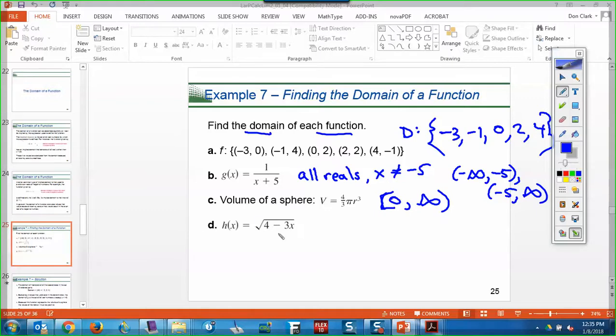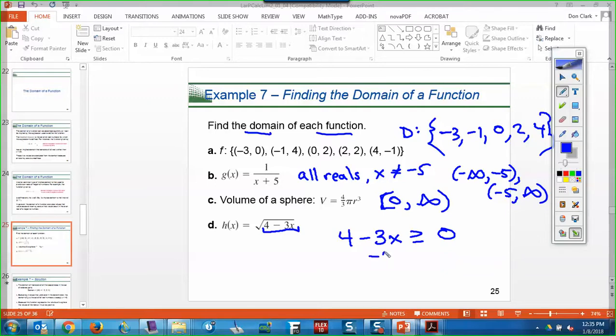Okay, then what would you do for one like this? The way you want to work that is this. You want to say 4 minus 3x has to be greater than or equal to 0, because it could equal 0. It's okay to do square root of 0. So that's okay, right?